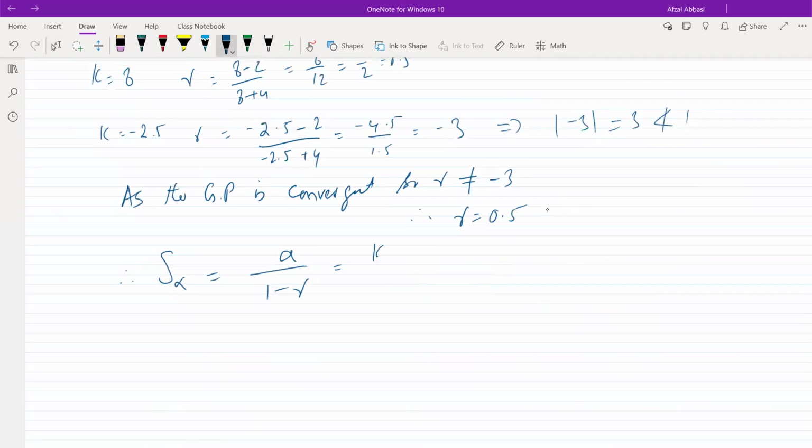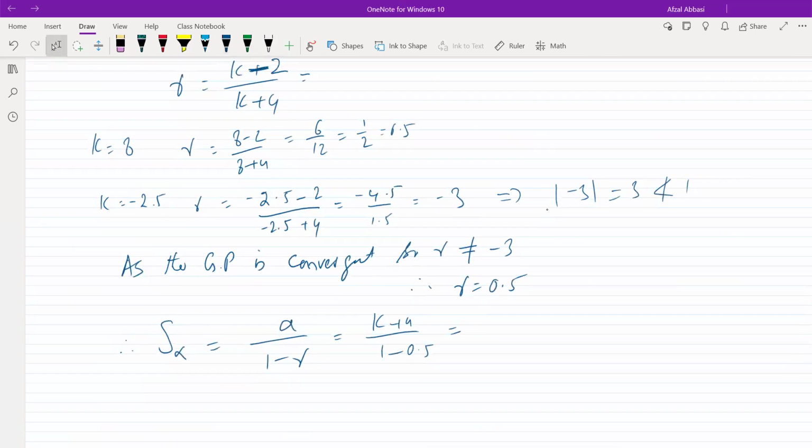We know the value of k; we have to take not the negative value, because that leads us to a value of r that is not required in this case.